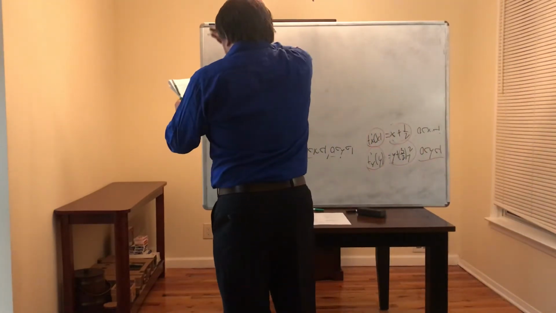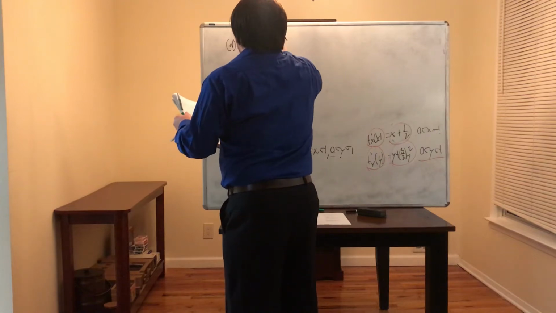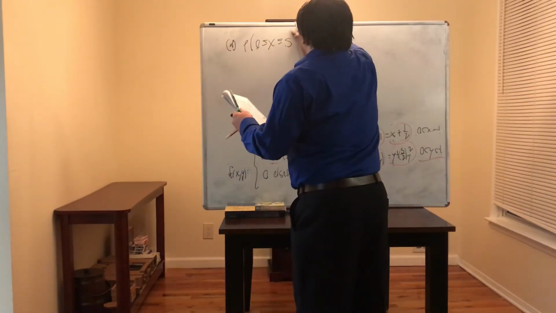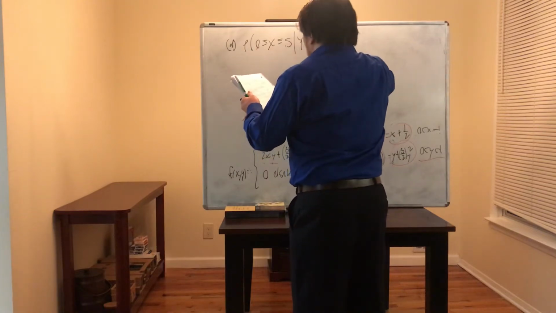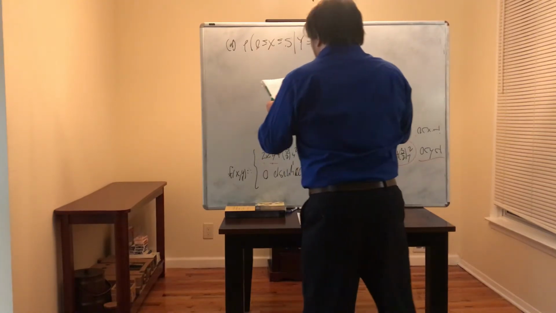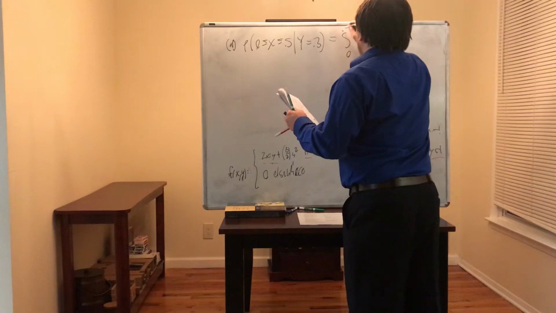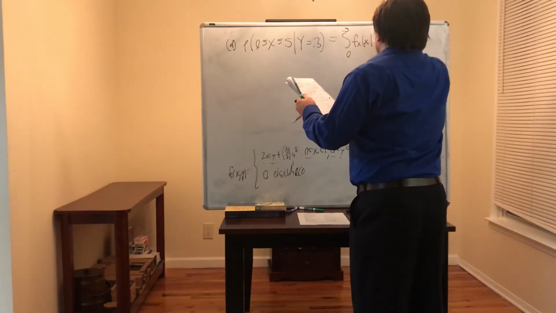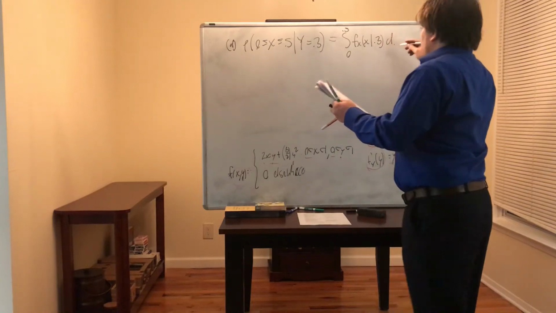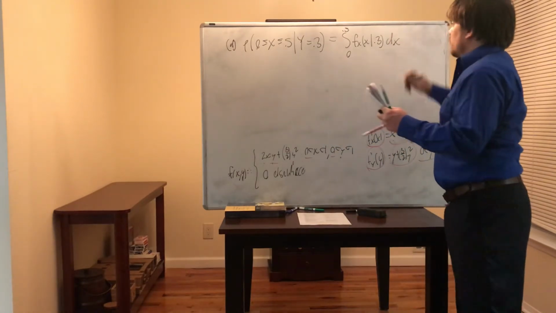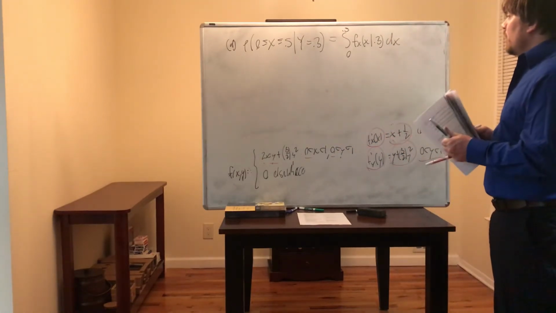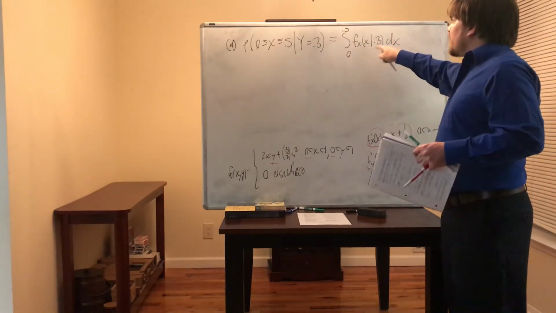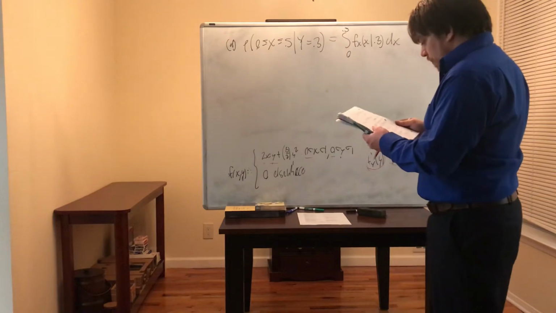Then for part D, we're going to find the probability that 0 is less than x less than or equal to 0.5, given that y is equal to 0.3, which is equal to the integral from 0 to 0.5 of f sub x of x given 0.3 dx. Okay, so it's the conditional probability function of x given that y is 0.3.